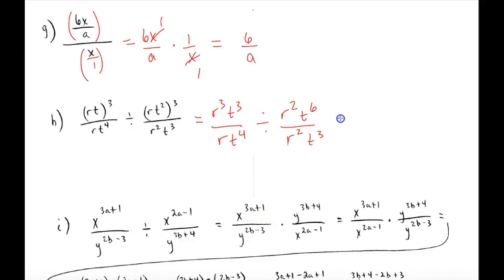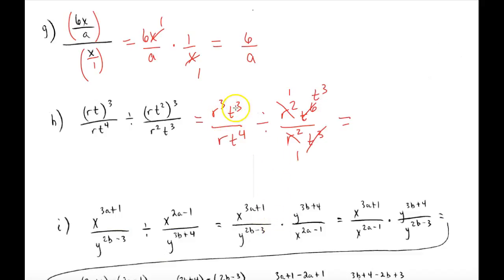So from this point, if you notice, we have a common factor of R squared in numerator and denominator. We have T to the 6th divided by T cubed. We know that that will end up reducing to T cubed.